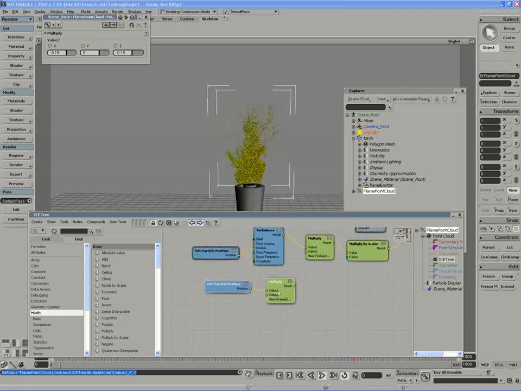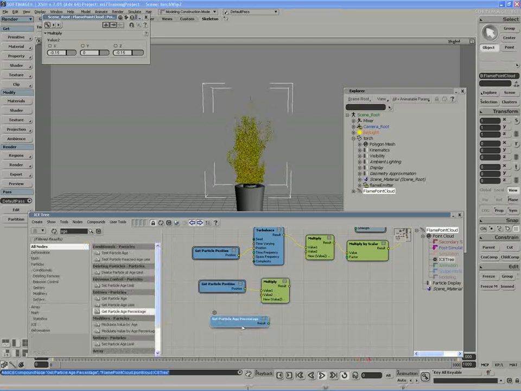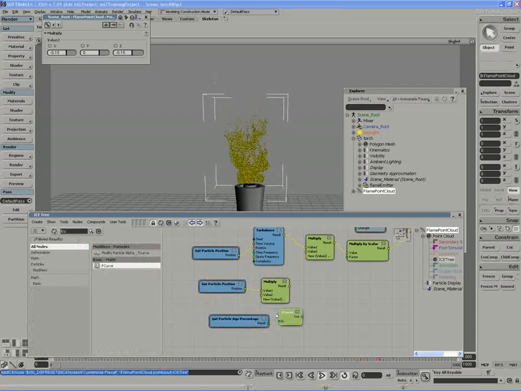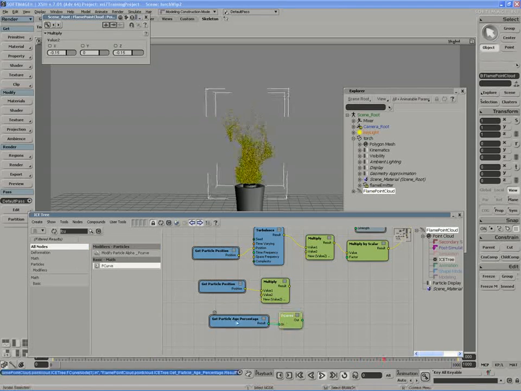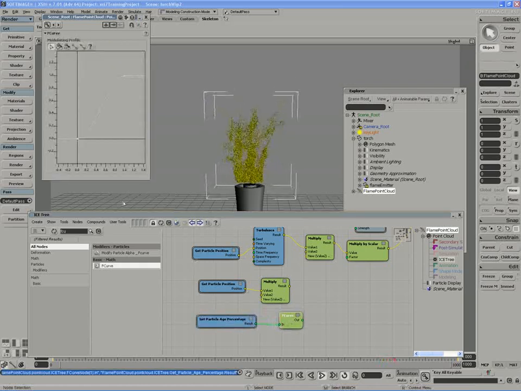So to move the particles over time, we're going to want to get an age percentage compound and run that through a function curve. Our percentage is based on a factor of 0 to 100. So what we're actually going to do here is set it so that particles that are born have a greater strength than particles at the end of their life.